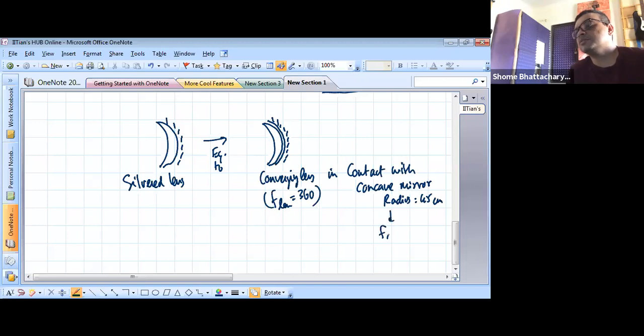So the focal length of the mirror is minus 22.5 centimeters.